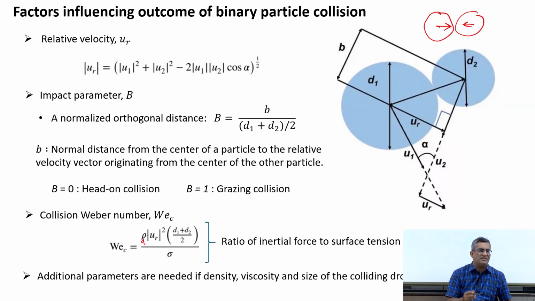This is basically the inertial force, the force with which they are colliding. Now, this is normalized by the surface tension force, because surface tension will play a significant role when they are colliding. So, this is called the collision Weber number.